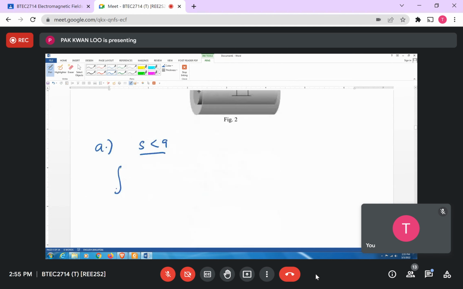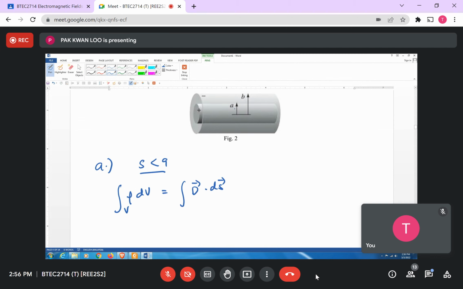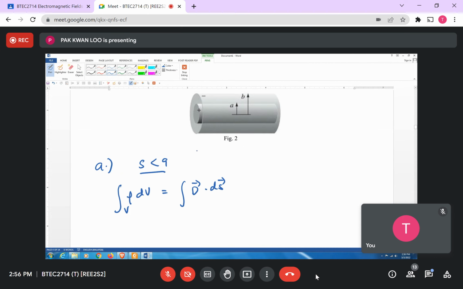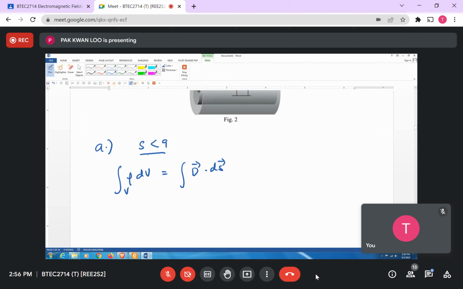So rho dV. For a cylinder, the Gaussian surface should be cylindrical as well, enclosing part of the inner cylinder. Here rho is a constant.